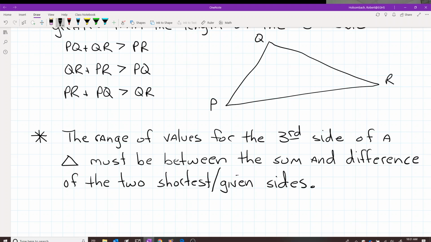Meaning, if they give you three sides, it's the sum and the difference of the two shortest. If they only give you two sides, then the range of values for the third is going to be between the sum and difference of the two numbers that are given.